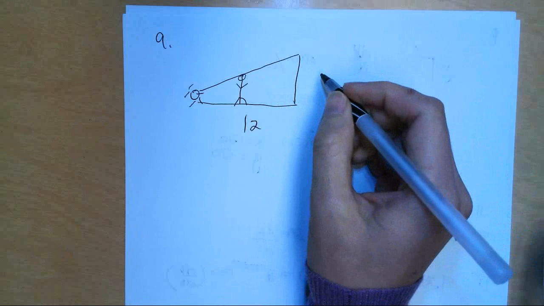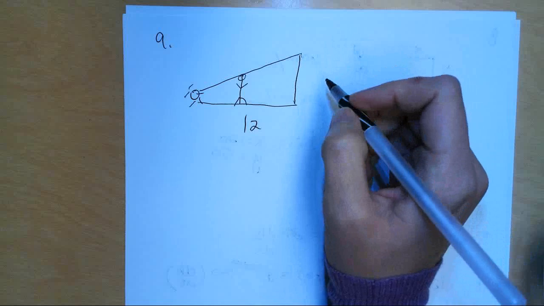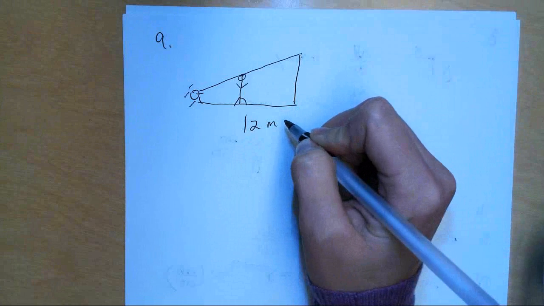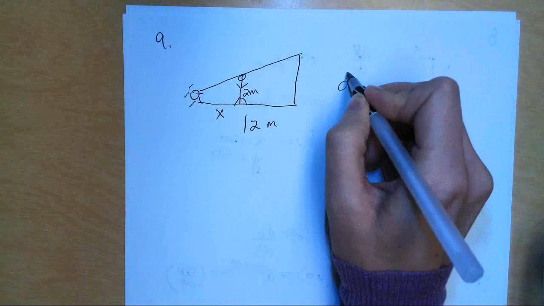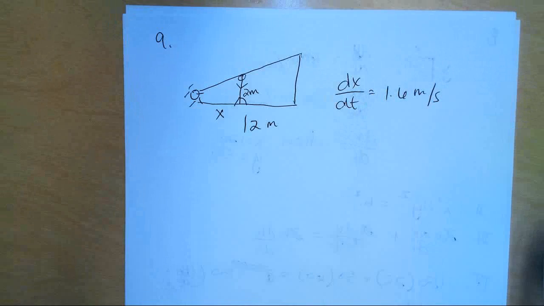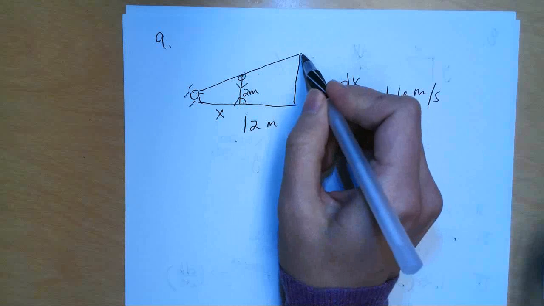Okay, tell me one more time, read the problem. Spotlight on the ground, on a wall, 12 meters long. If the man 2 meters tall walks toward the building, his speed is 1.6 meters per second. How fast is the length of the shadow on the building decreasing when he is 4 meters from the wall?